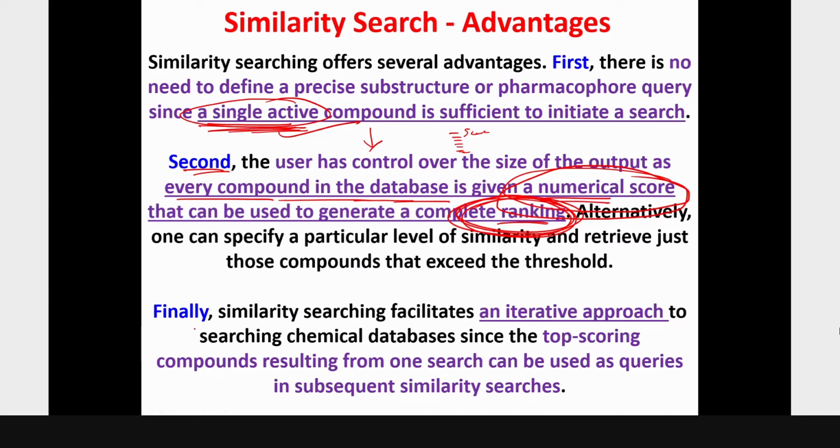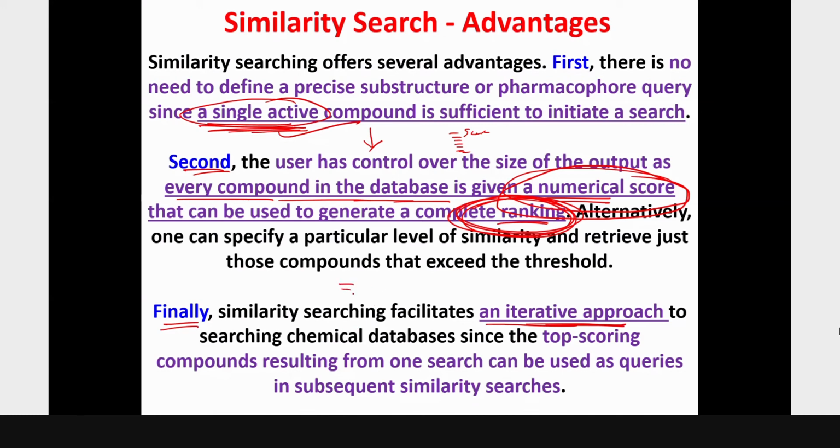And again, the third use of this similarity search method is that it is an iterative method. In an iterative method, what do you do? In the first iteration, you reach some best answer, and again that best answer is refined again and again. So in the first step you have come up with some compounds, like these were your earlier compounds.